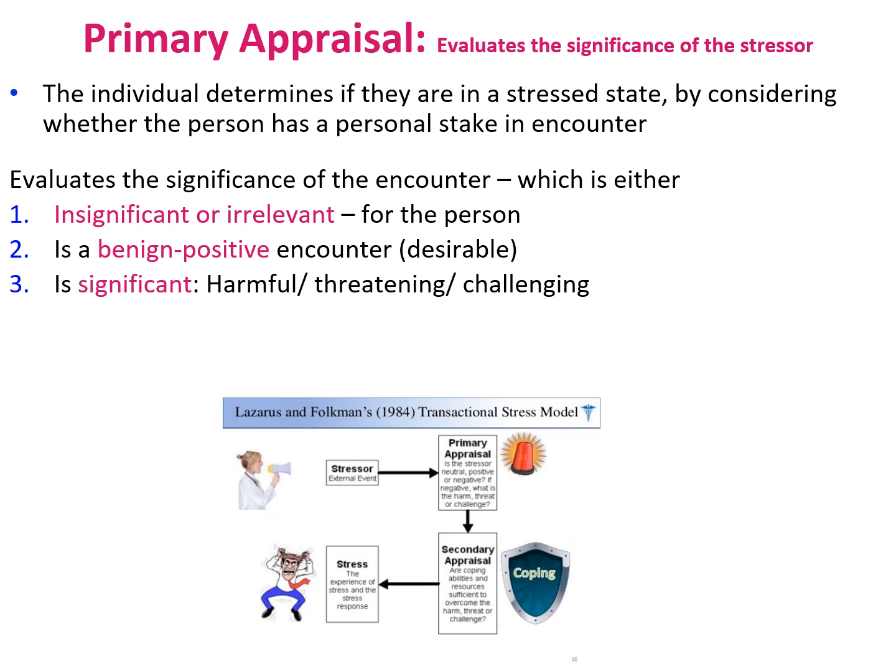So in terms of the primary appraisal, just remember an appraisal is an evaluation. What are we evaluating? Well, we're evaluating if the stressor is irrelevant, benign, or if it's significant. And if it is significant, then we determine whether it's harmful based on things that have already happened, threats to our future, or challenges which will require a sustained level of energy over a long period in order to respond to this stressor.